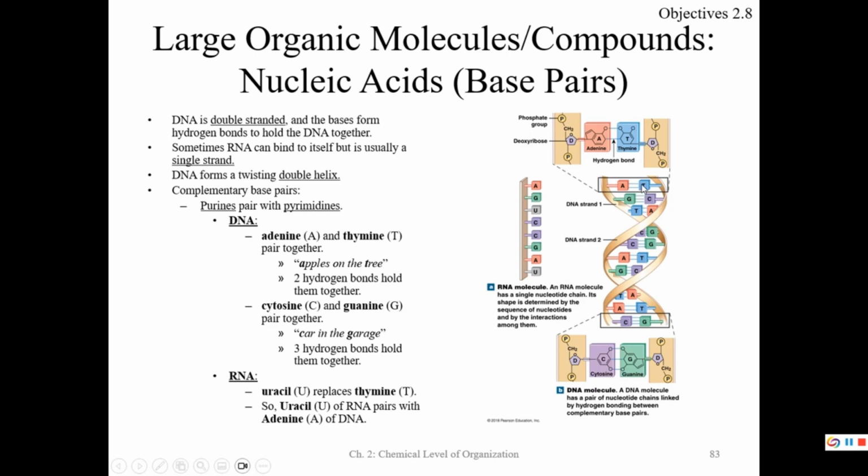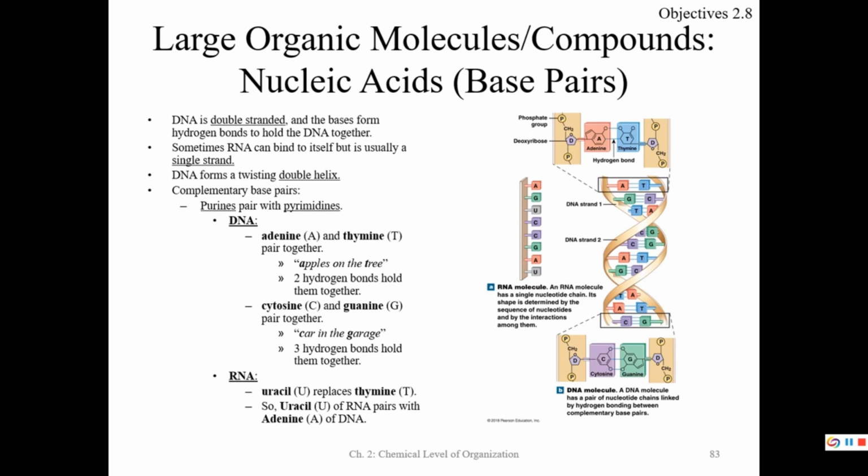Now, they form what we call complementary base pairs, where we always see adenine and thymine bonding together. T and A go together. Apples on the tree. Cytosine and guanine go together, car in the garage.